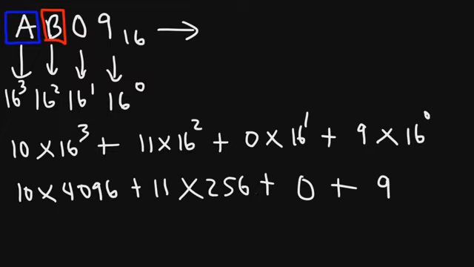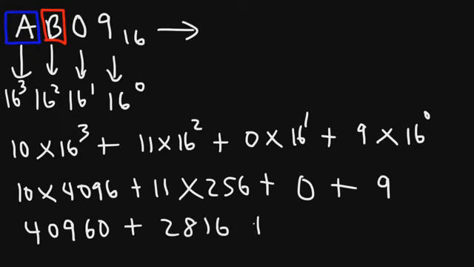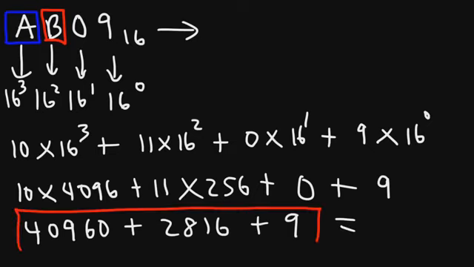Now 10 times 4,096 is 40,960. You just need to add a 0 to that number. 11 times 256, that's going to be 2,816, and then plus 9. So let's go ahead and add up these three numbers.